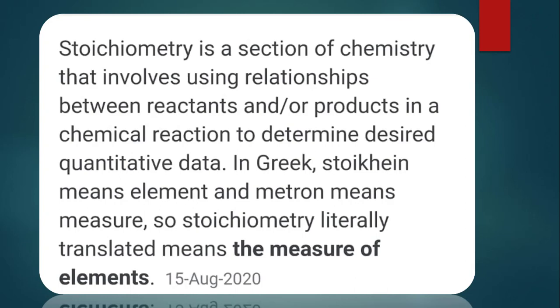In Greek, stoichein means element and metron means measure. So stoichiometry literally translated means the measure of elements.